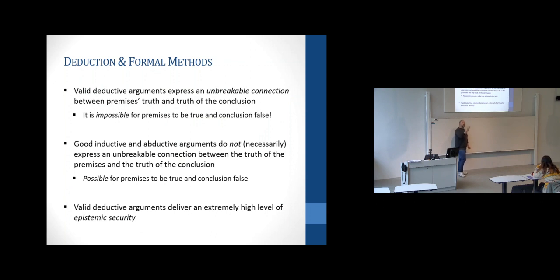They might build up your credence, your degree of belief in the conclusion, but they're never going to guarantee it. It's possible for the premises to be true and the conclusion false. This isn't to say they're bad. It's just that they're not as epistemically secure. Valid deductive arguments give us the absolute pinnacle of epistemic security. They are, to use the phrase I had 2 slides ago, epistemically impeccable. If you know the premises, then you know the conclusion, provided the argument's valid. That's the thought.